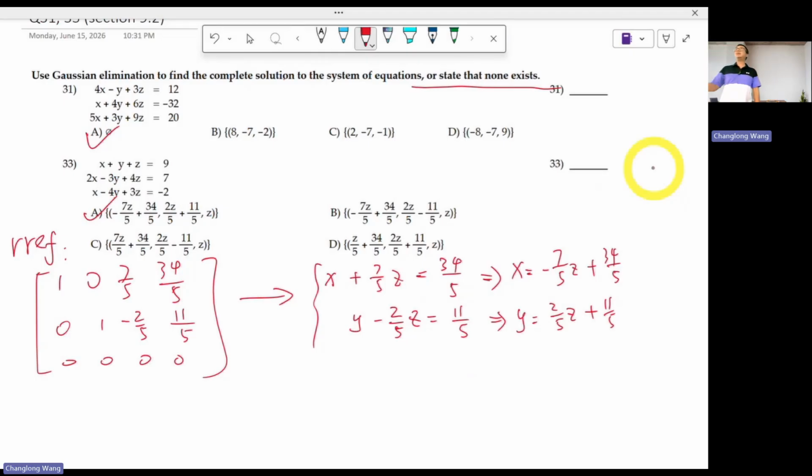Could be z, could be t, could be something else. So take a close look at the reduced row echelon form. And for 33, unfortunately, you do have to do the back-substitution to get whichever option you want to pick. All right. Cool. Let's move on.